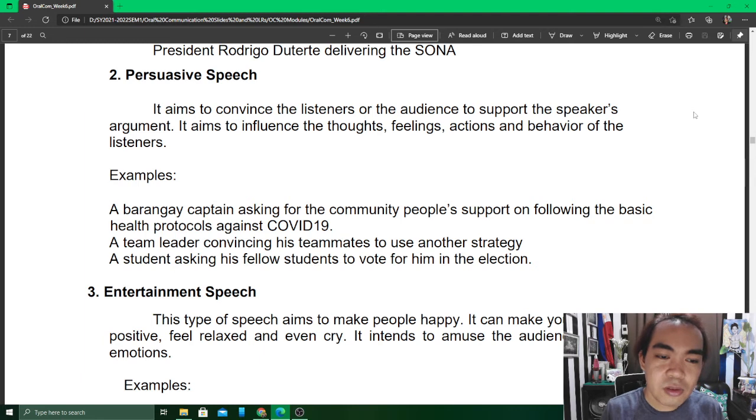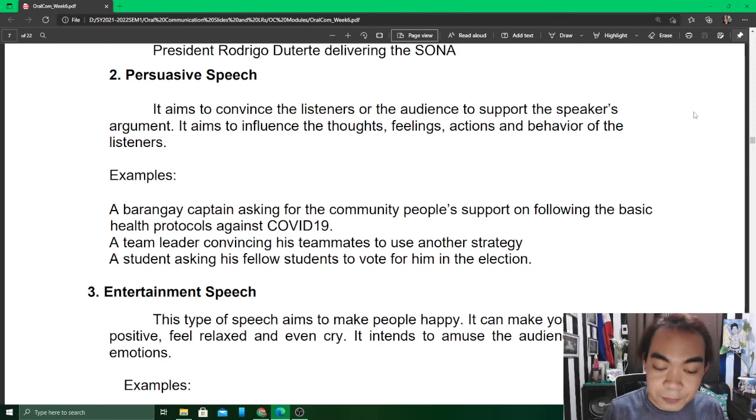So there must be influence, an effect on you, it changes your mind, you are motivated to do something. That's the purpose of persuasive speech. So if someone speaks for the sake of getting you to go to his or her party, or if someone is dictating to you, that would be an example of a persuasive speech.